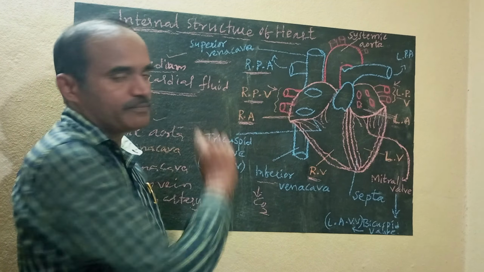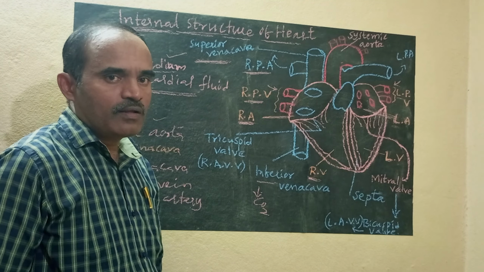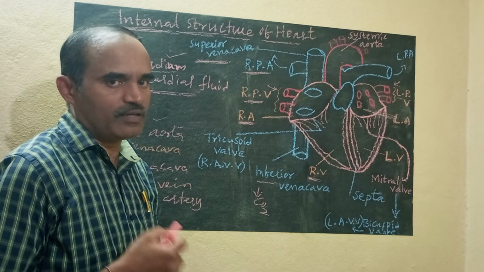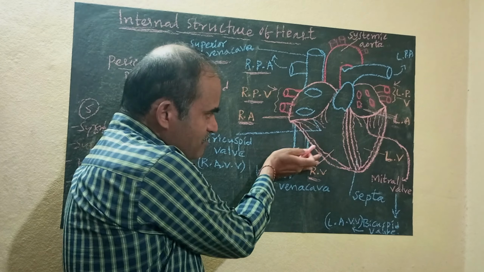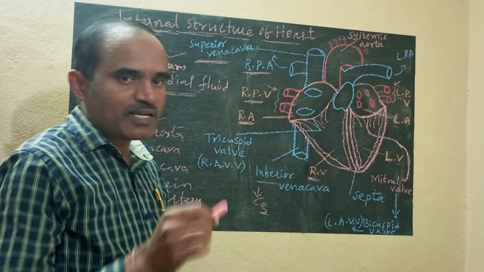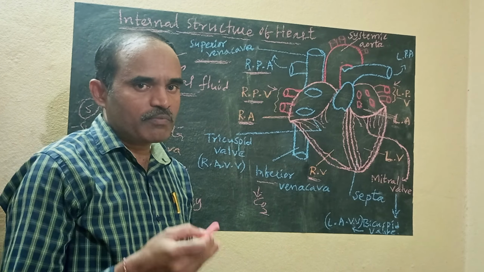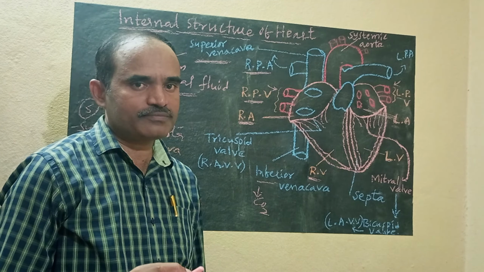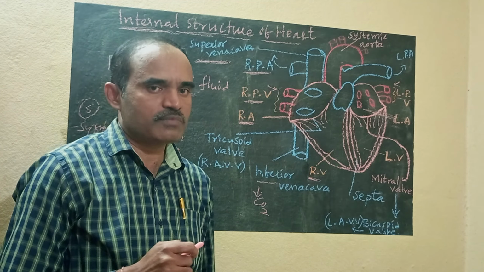Next, inferior vena cava. It is the blood vessel coming from the posterior end of the heart, which collects the blood from the lower parts of the body, like legs and abdominal cavity, the excretory, reproductive and digestive systems, and also the arms, hands and legs.